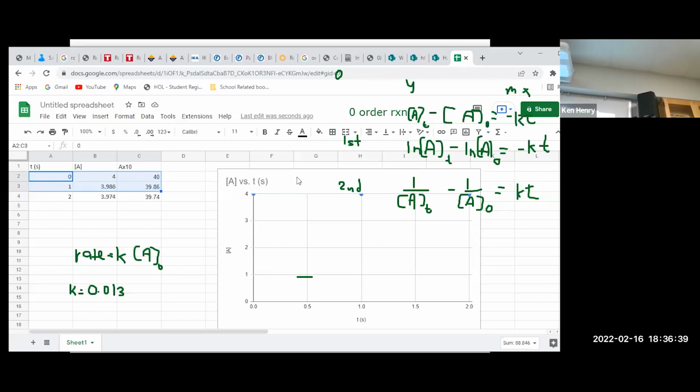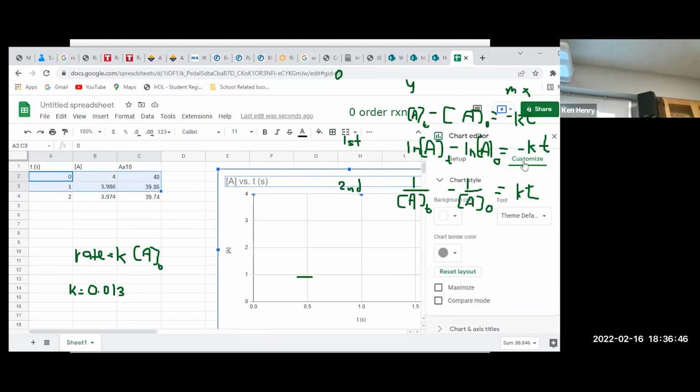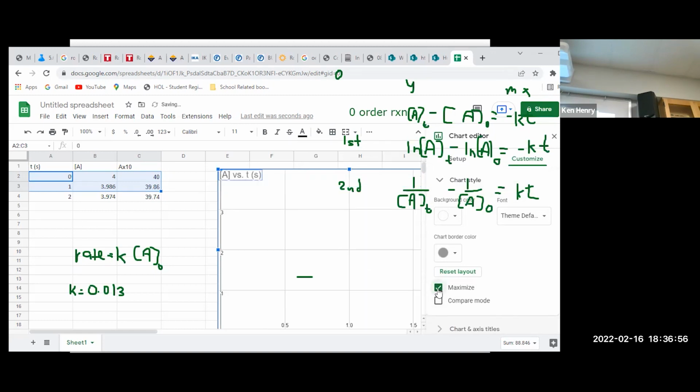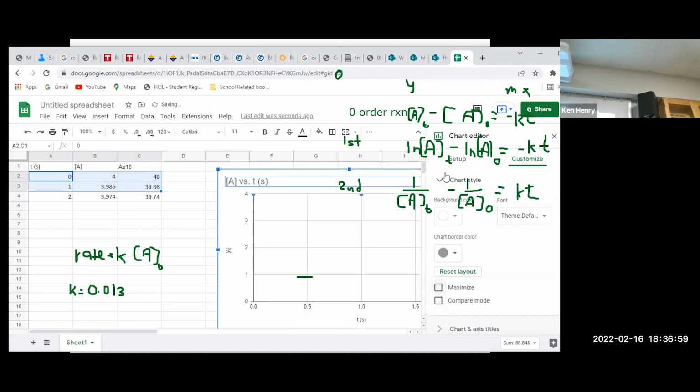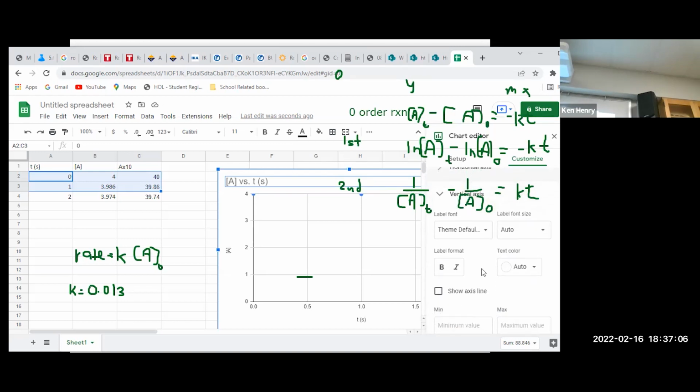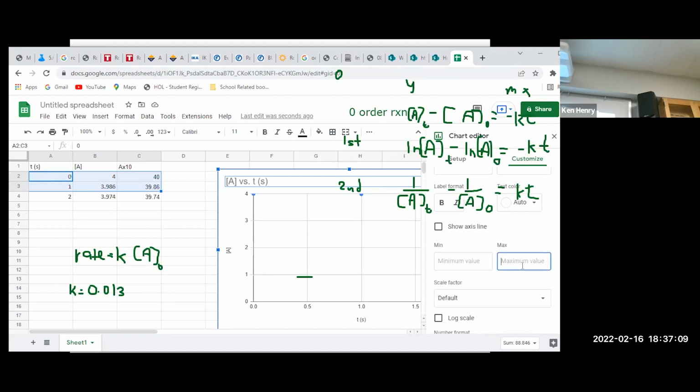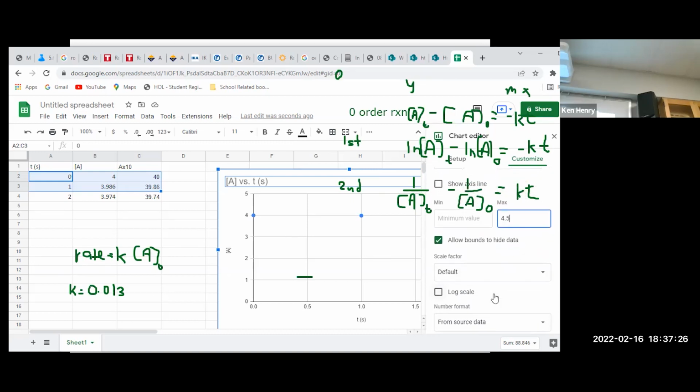Value? Okay, let's see. Max. And then go.